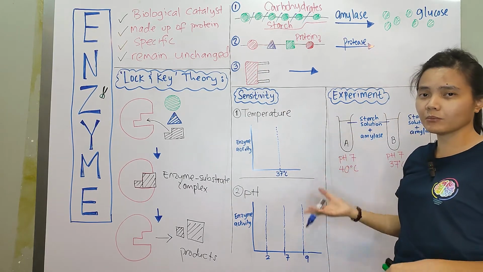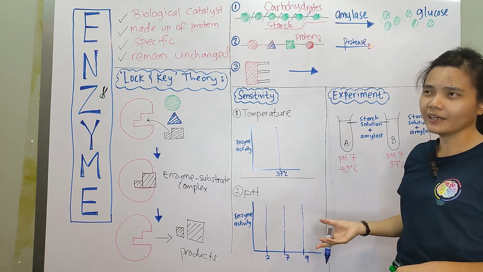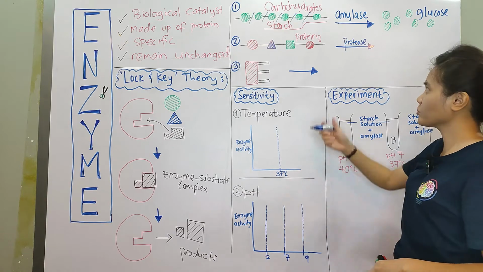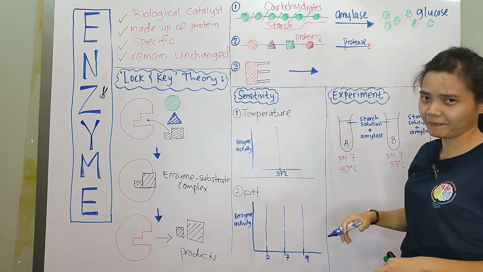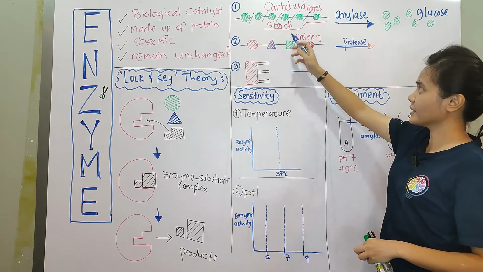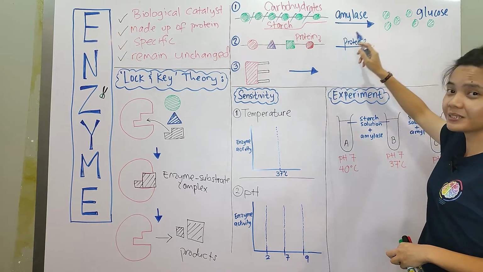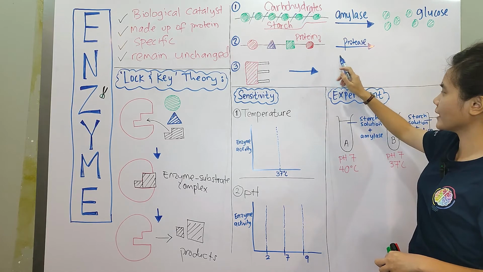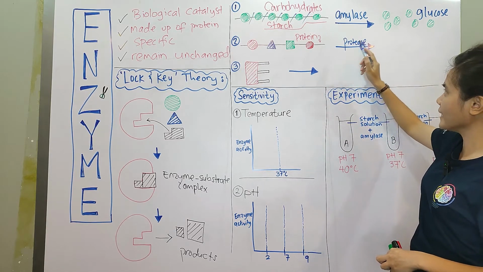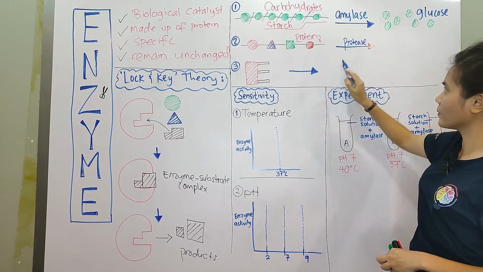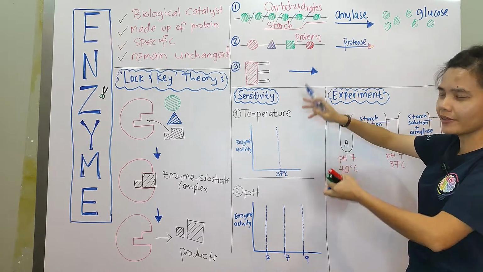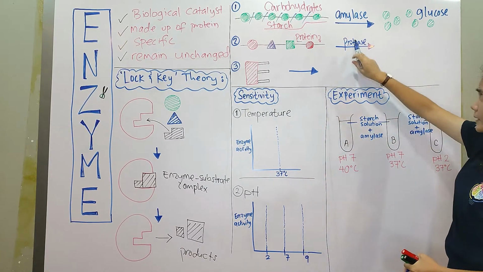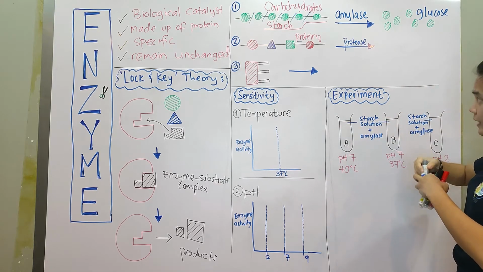So protease is the most popular one, but in exams, the most popular one is amylase. So please remember, carbohydrate and starch are broken down by amylase to glucose. Here, protein is broken down by an enzyme called protease. You see there, pro. So pro is for protein. Protein is broken down by protease into amino acid.